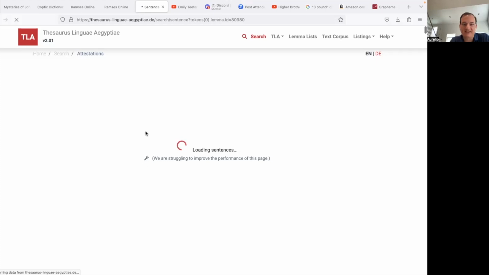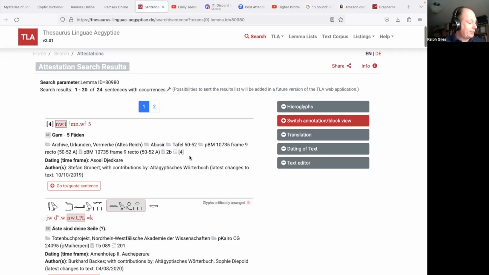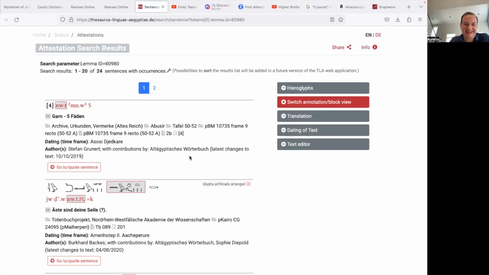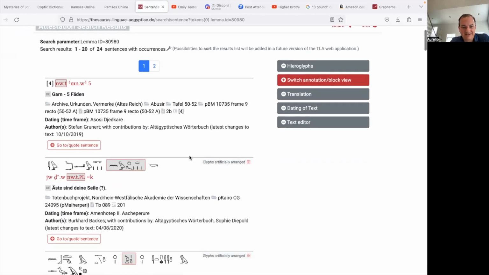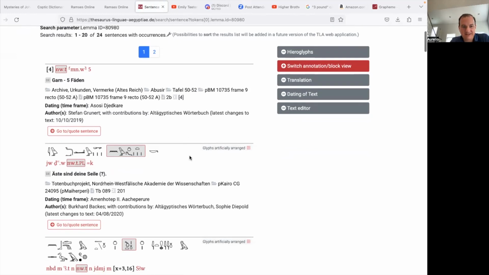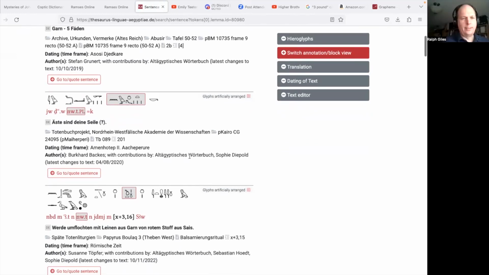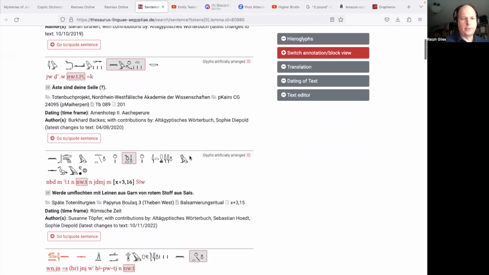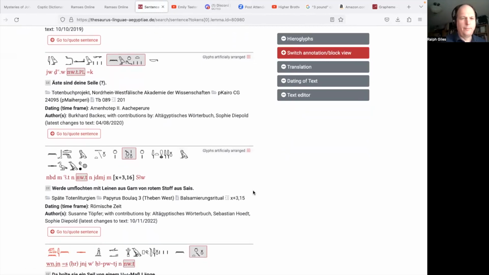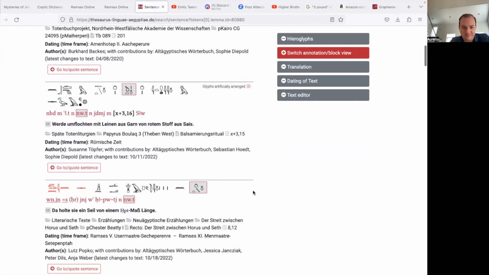Okay, TLA is taking its sweet time, but they're working on speeding up the stage. Okay. Old Kingdom, Abusir. So it's an old word. Oh, look at that. That's ours, isn't it?